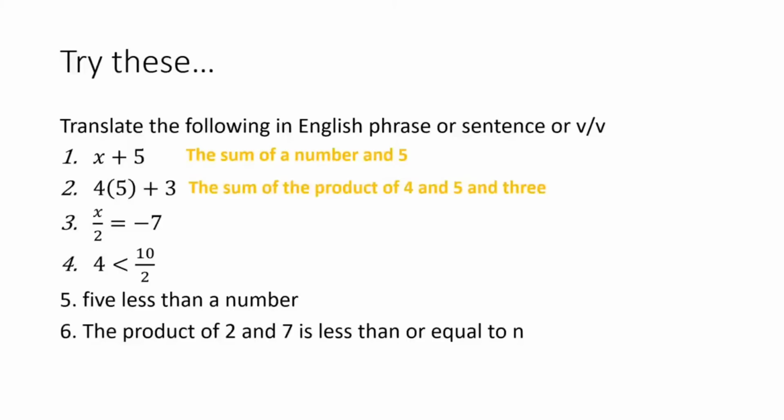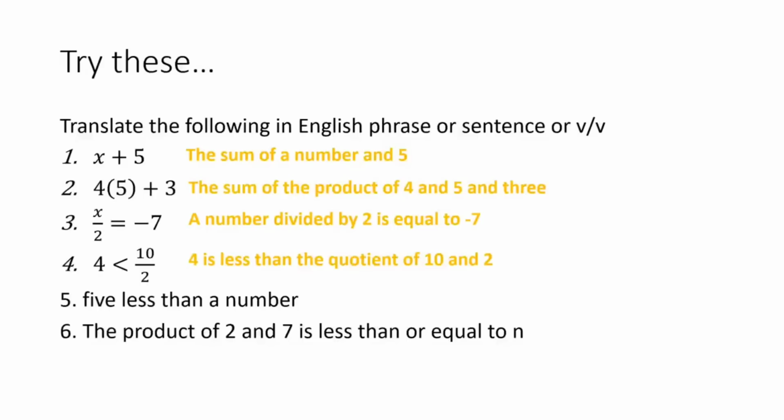For number 2, we can read that as the sum of the product of 4 and 5 and 3, or simply the product of 4 and 5 increased by 3. For number 3, we can state that as a number divided by 2 is equal to negative 7. For number 4, we read that as 4 is less than the quotient of 10 and 2, or 4 is less than 10 halves.